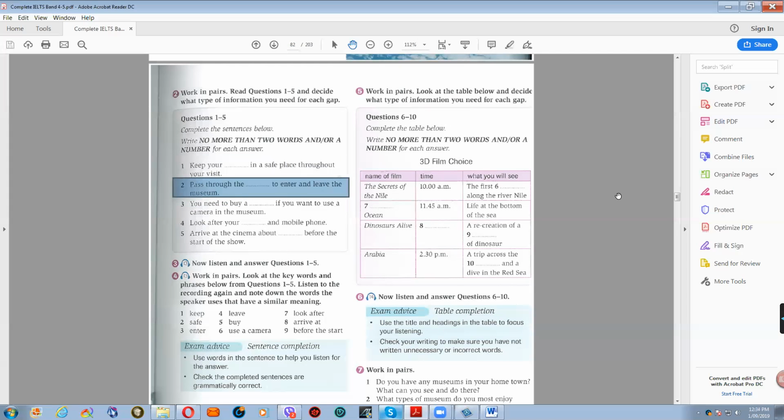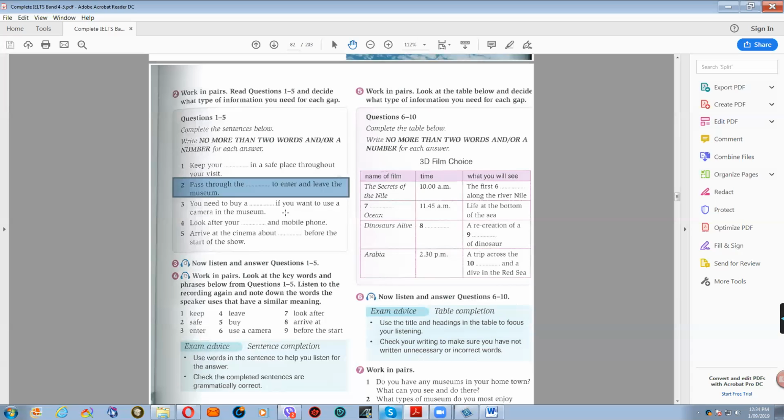Okay. You need to buy a what if you want to use a camera? A photo? Nope. I don't know. Permit. Oh, a permit. Permission. Yeah, permit. The permit slip. Oh, okay.